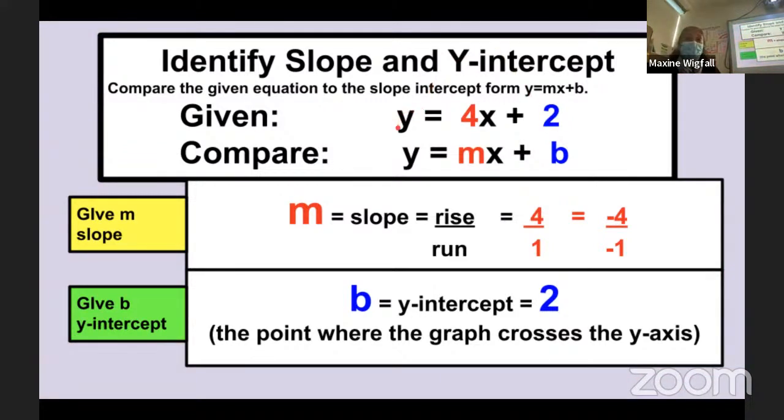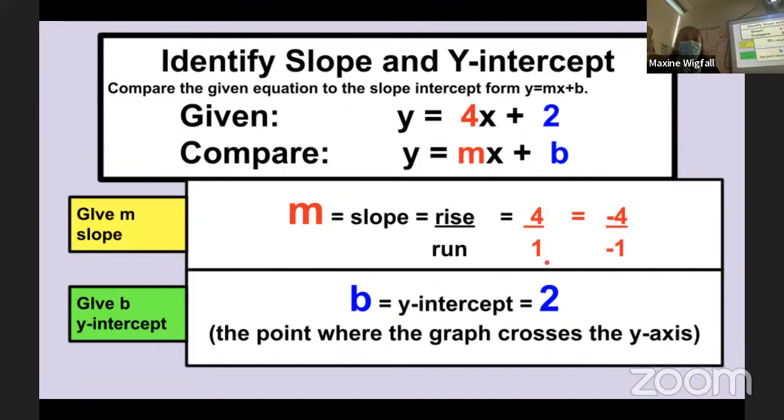Now we have another equation, y equals 4x plus 2. Again, 4 is the coefficient of the x term, which is m, which is the slope, and b is the constant at the end, which is 2. So the slope is 4 over 1, which can also be -4 divided by -1.